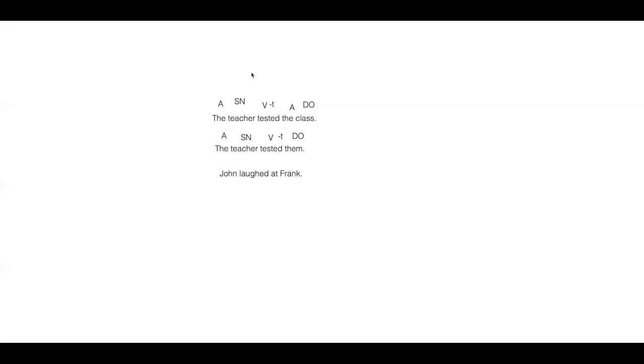Who laughed at Frank? John, so that's a subject noun. John did what? What's the action? Laughed. Verb. John laughed at Frank. At is a preposition, so let's label it a preposition, and then let's put parentheses around our prepositional phrase.